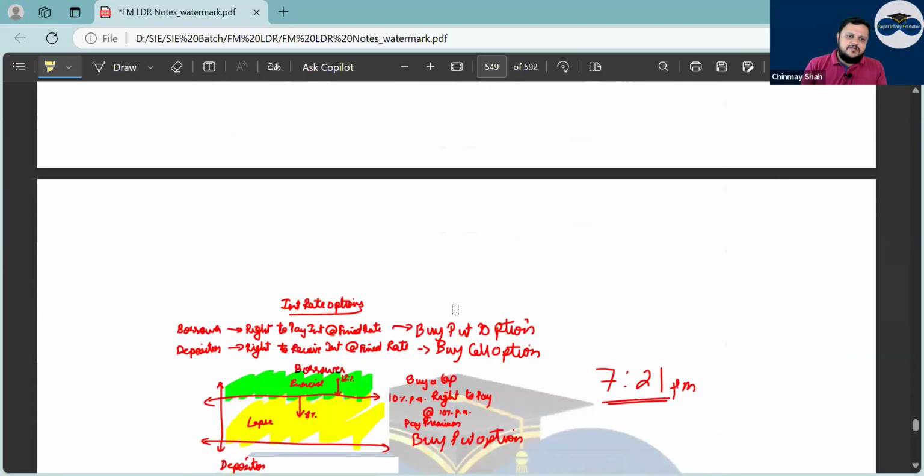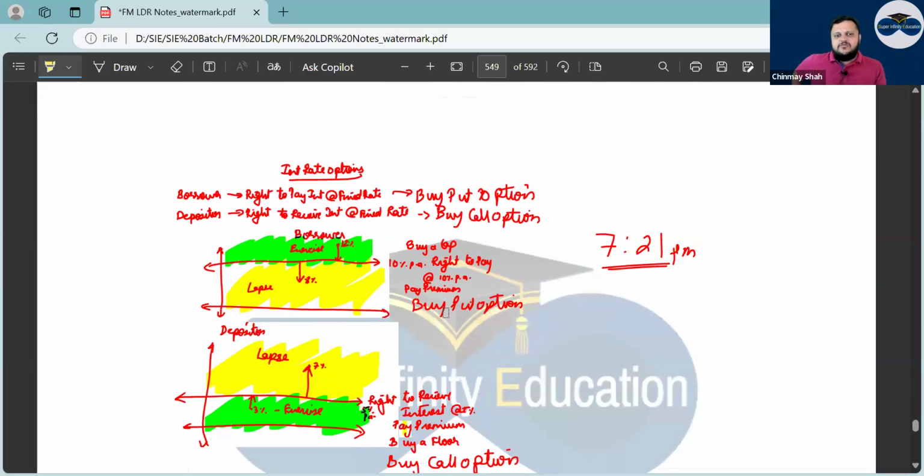For a borrower, he wants to pay interest. Pay interest means what? This is a put option. So he will buy a put option. A depositor, whenever he wants to receive interest, has the right to receive this. So it is a call option, correct?